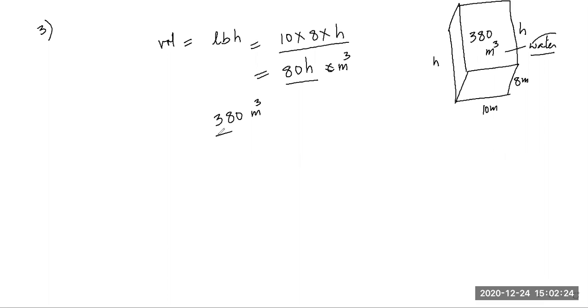It would have been difficult if it was given in liters, then we should have converted into meter cube by dividing by 1000, but now it is straight away given: 380 is equal to 80 into h. So h is equal to 380 by 80, which is 4.75. Beautiful.